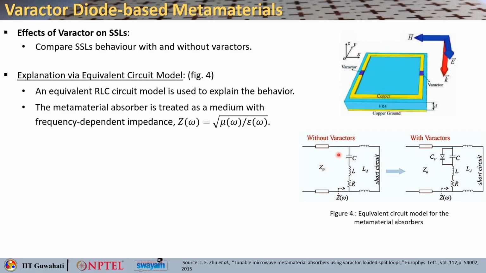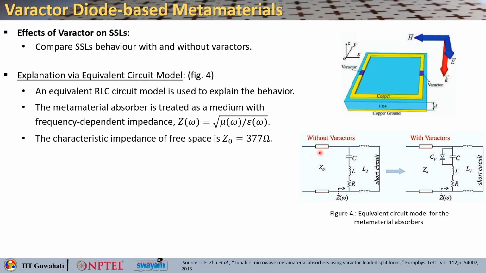This metamaterial absorber can be treated as a medium which has a frequency dependent impedance Z omega, which can be obtained from the square root of mu omega divided by epsilon omega, and then this is the free space impedance, or you can say impedance of free space. The value is around 377 ohm, all of you know that.